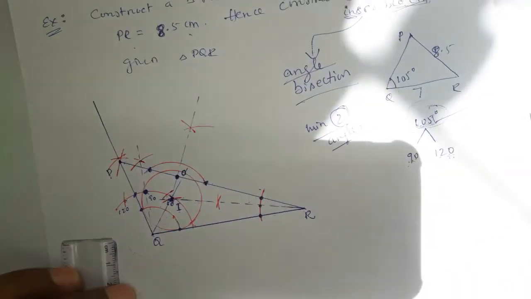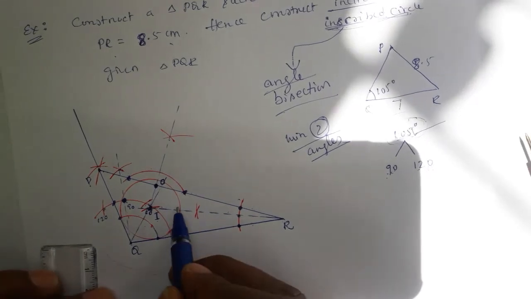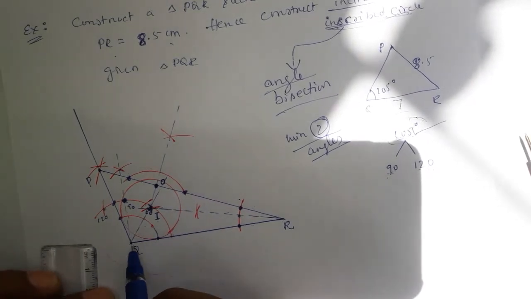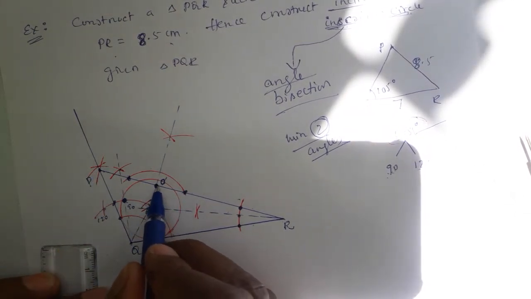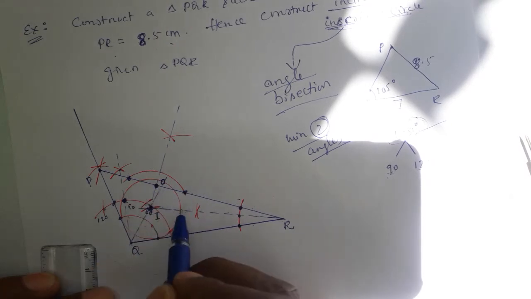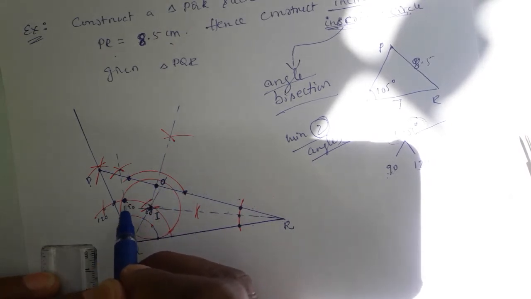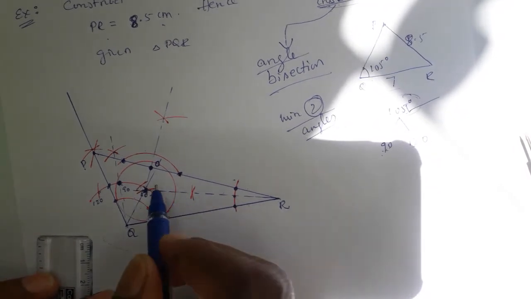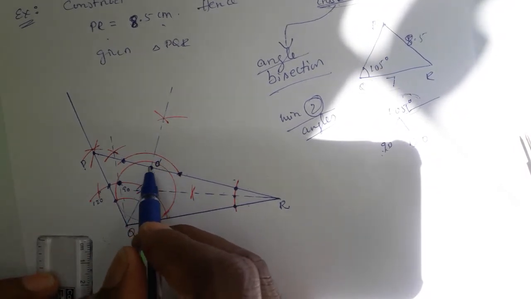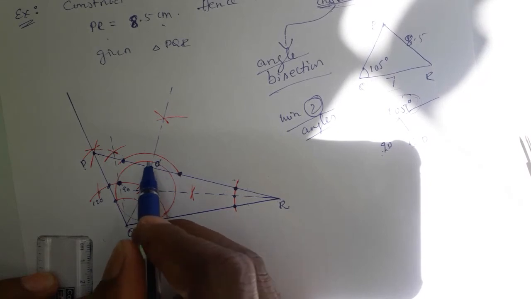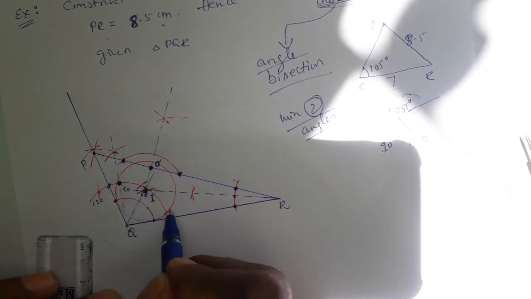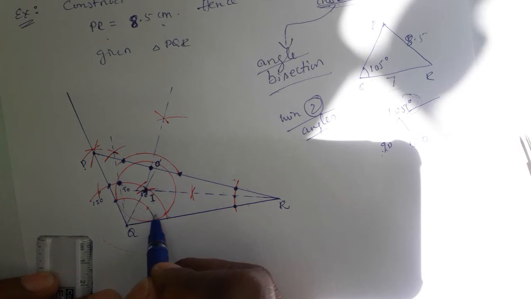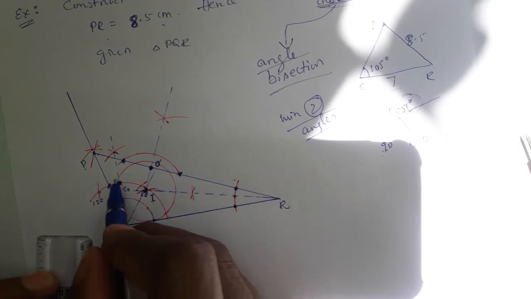But in my problem, that circle touches the QR side and also the PQ side, but it doesn't touch the PR side properly here. That means somewhere our construction went wrong. Because of some errors, we get this type of mistake at last. Actually this circle should just touch all the three sides.